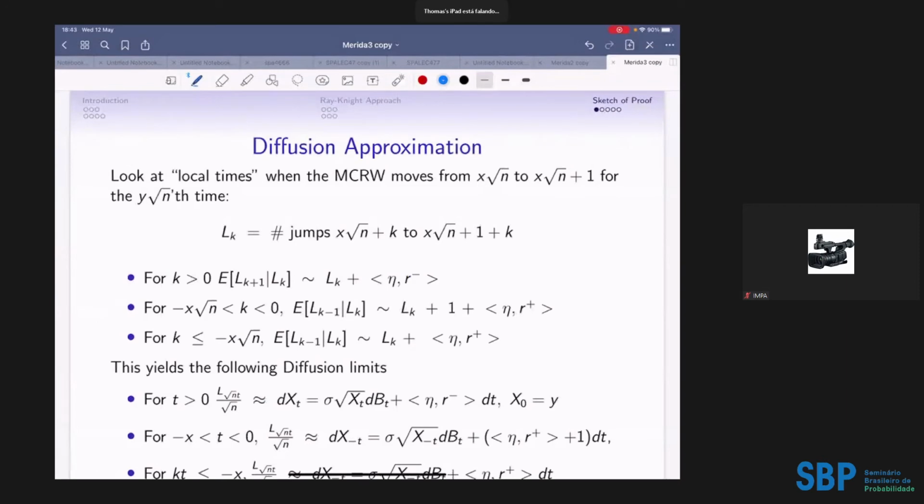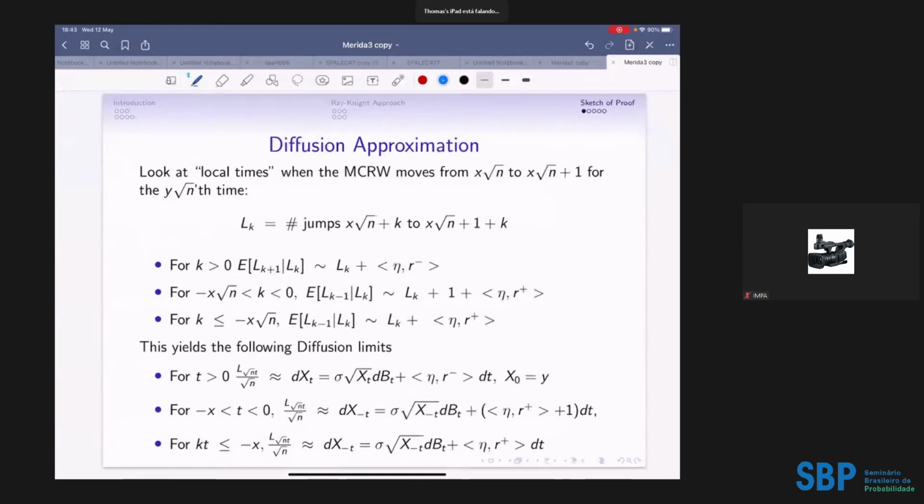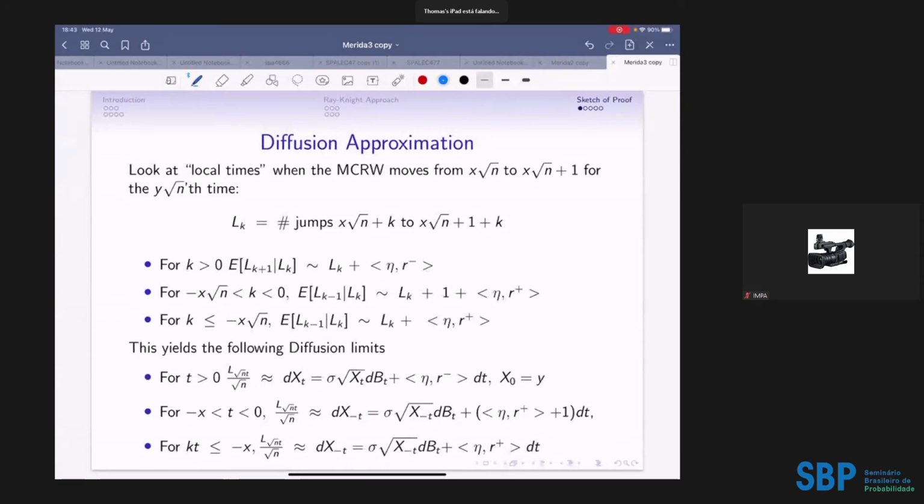So now I'd like to see how this transforms for our local times. When we're looking at the Markov chain random walk, we get an analogous situation. When you move, which is like local time, you move from x square root of n to x square root of n plus 1 for the y square root of nth time.